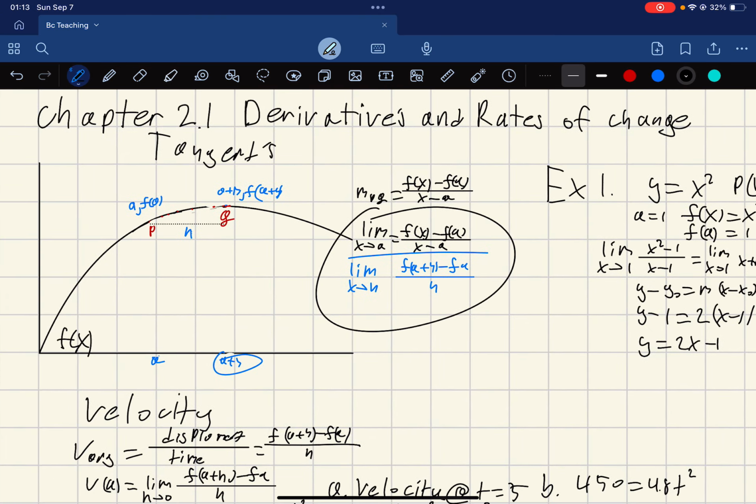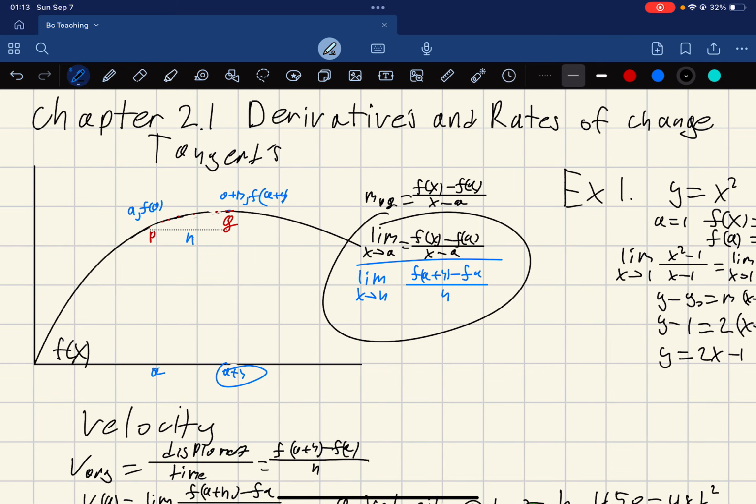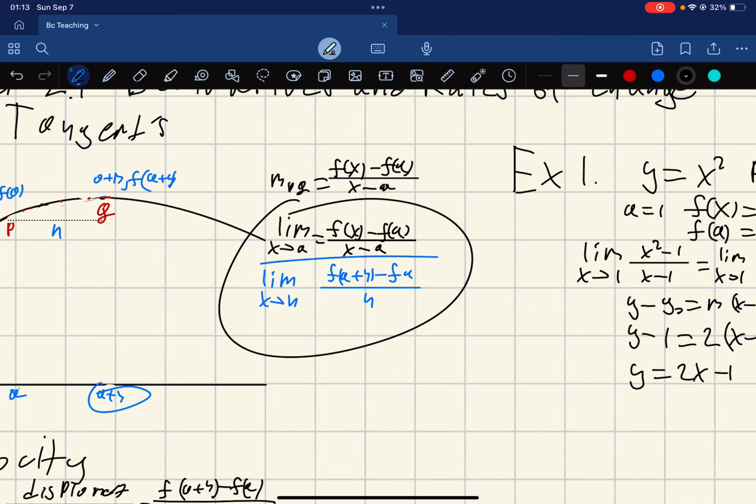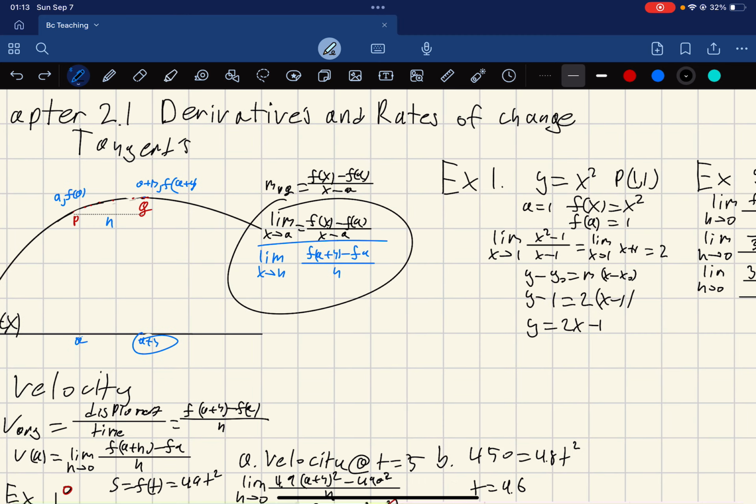So, our first section is tangents. If you remember what a tangent is, let's just say this is our circle. From geometry, you learn that it's a line that touches the circle at one point.